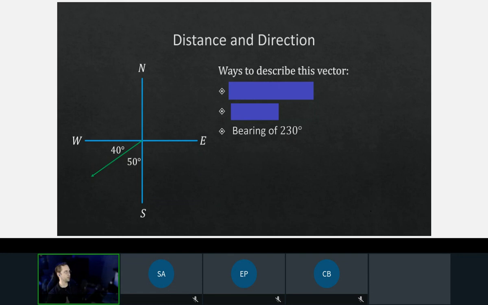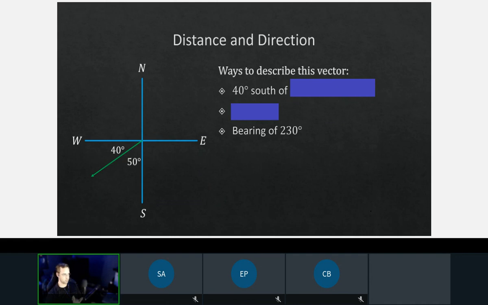This next one here. All right. So the first part I uncovered, 40 degrees south of what? Emily says west.